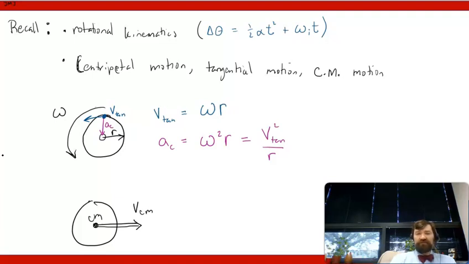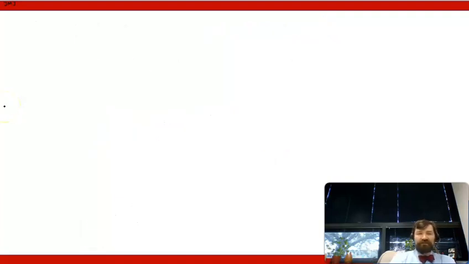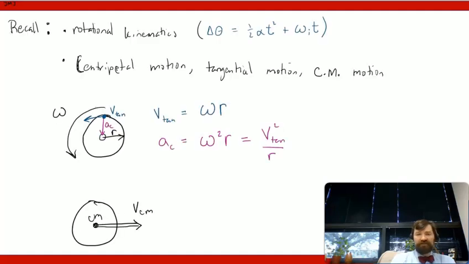And that's true even, by the way, if the object is also rotating. And so actually this rolling without slipping condition involves putting these two ideas together. This idea of rotational motion along with this idea of center of mass motion. So let's combine these two things.